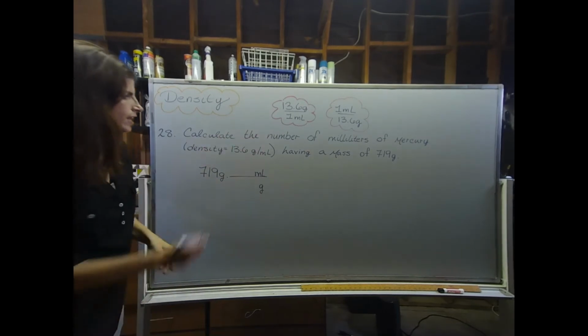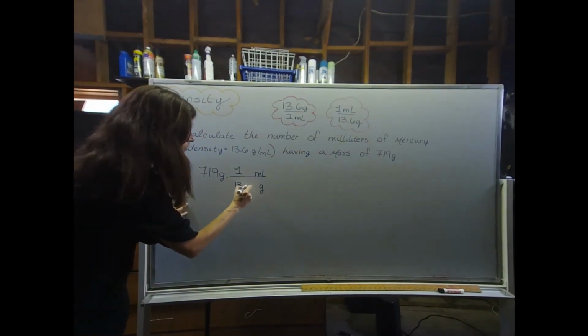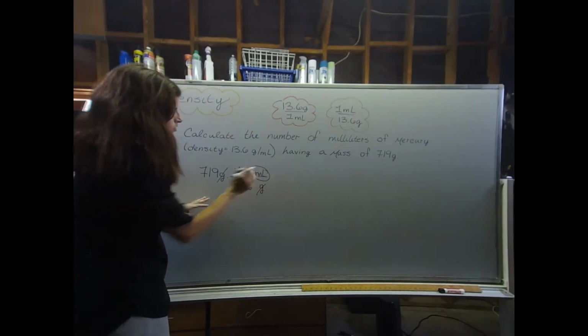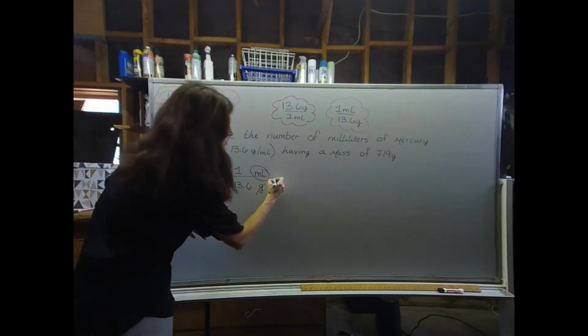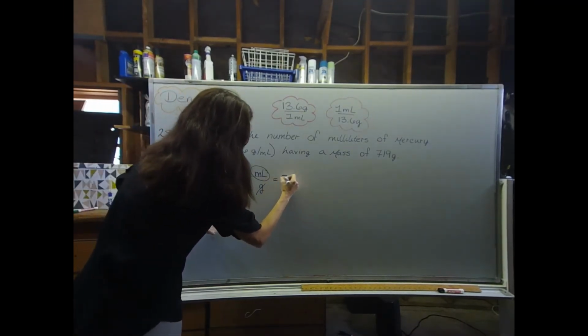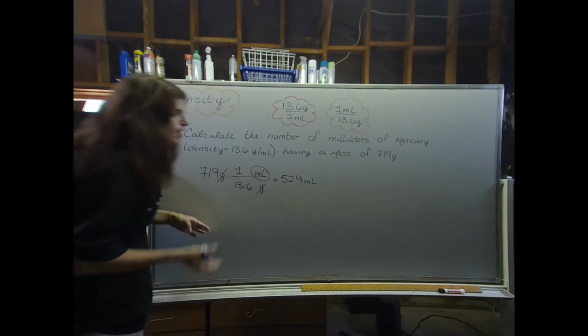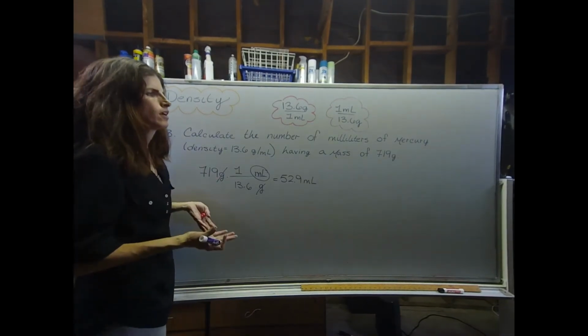So I'm going to use the second one. I'm going to say 1 mil has 13.6 grams. Grams will cancel with grams, leaving us as mils. So I'm going to do 719 divided by 13.6, and that gives me 52.9 milliliters. And it's appropriate to have it in milliliters because mercury is a liquid.